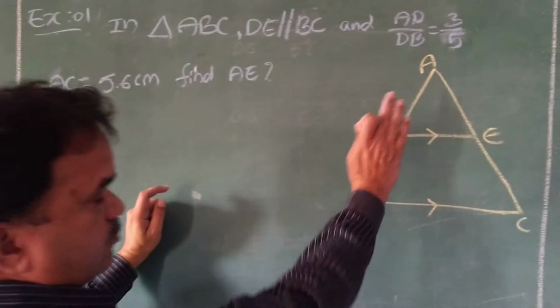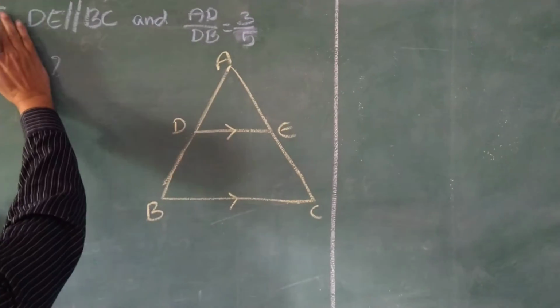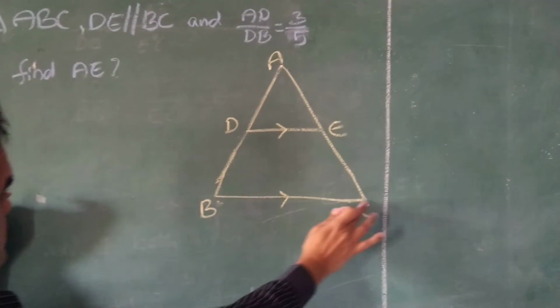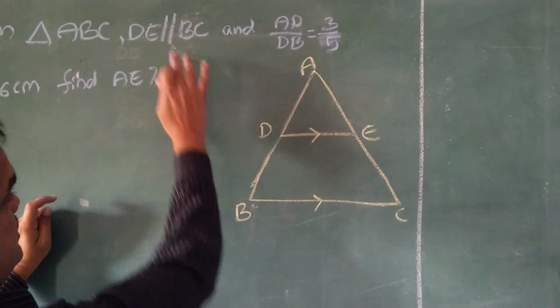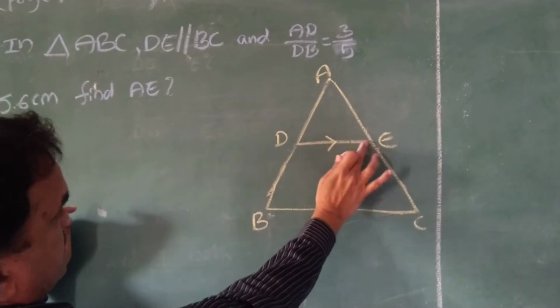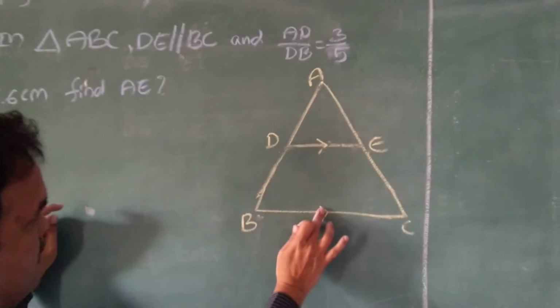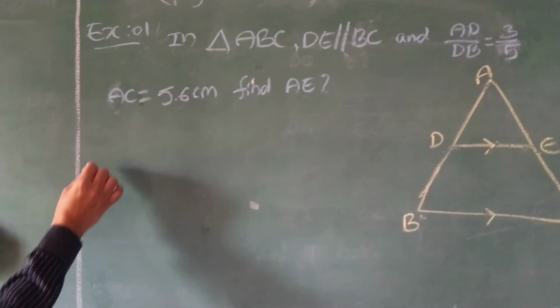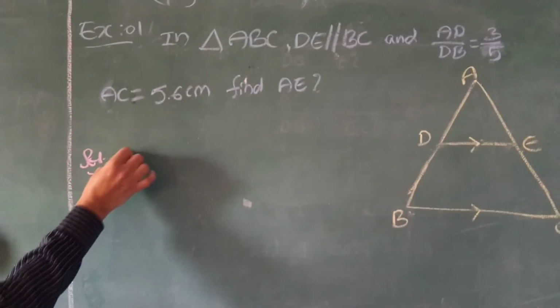First, you have to draw it yourself, seeing the textbook question. You draw triangle ABC accordingly. Next, DE is parallel to BC: you draw DE and keep the parallel symbol. Then I am going to start the solution.